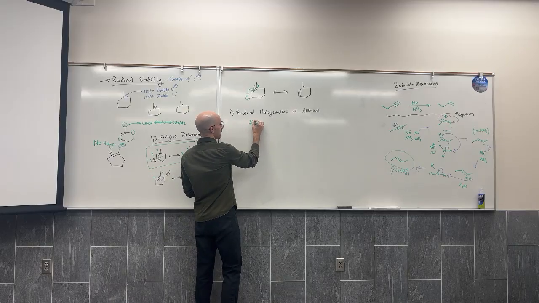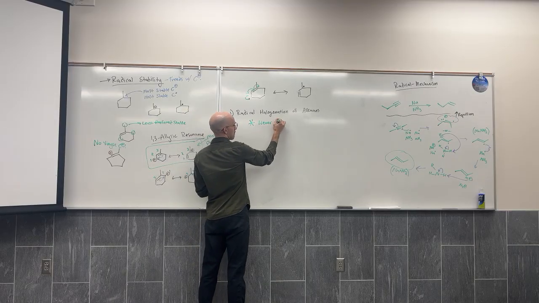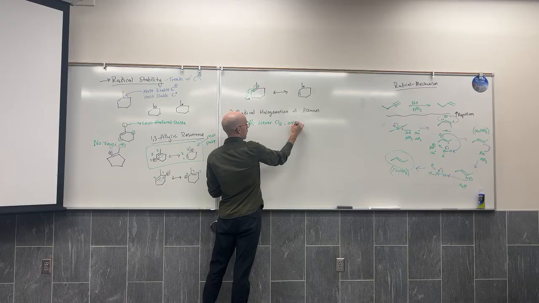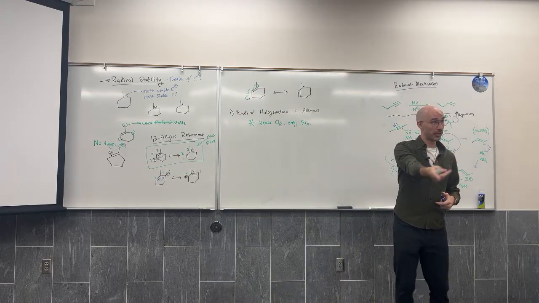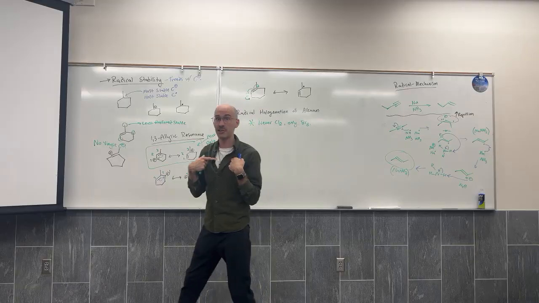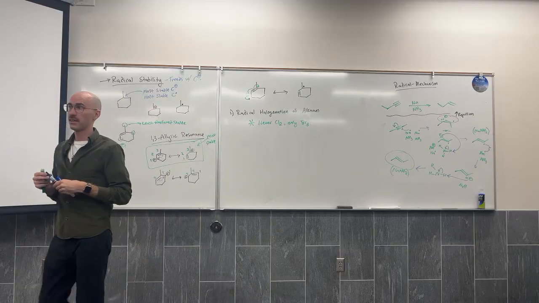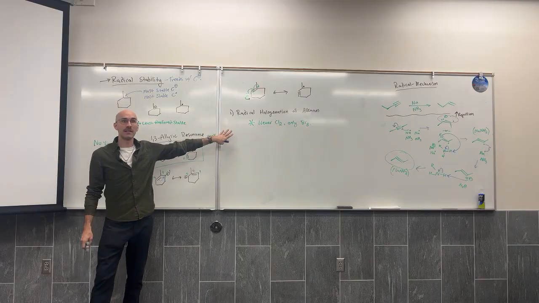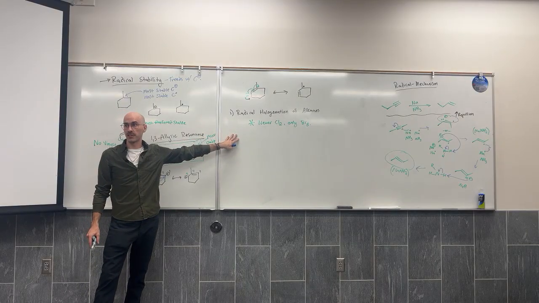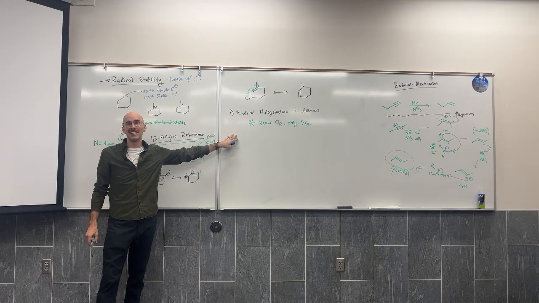Some things about this reaction. You won't see us use chlorine. Earlier I was saying if I put X2, you need to be specific about which X2 you're actually using. No more, because I'm not putting X2 on this reaction. I'm only putting Br2.